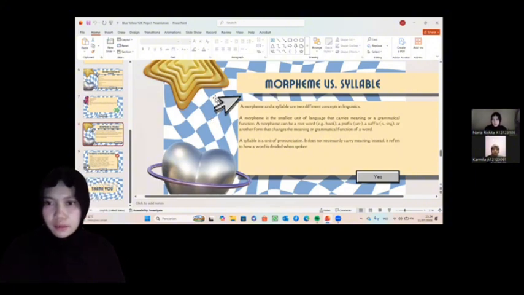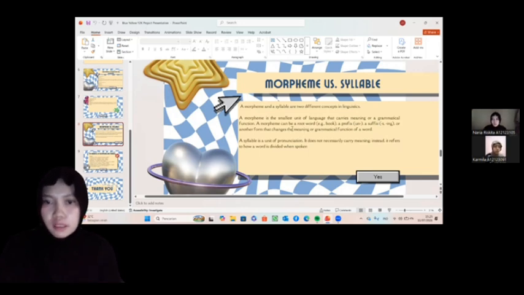And the next material is morpheme versus syllable. A morpheme and a syllable are two different concepts in linguistics. A morpheme is the smallest unit of language that carries meaning or a grammatical function.